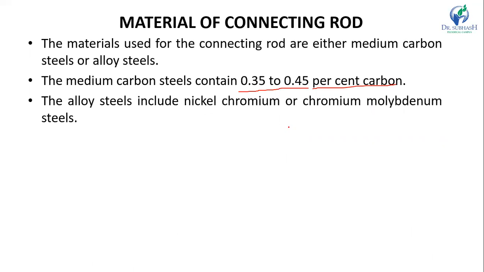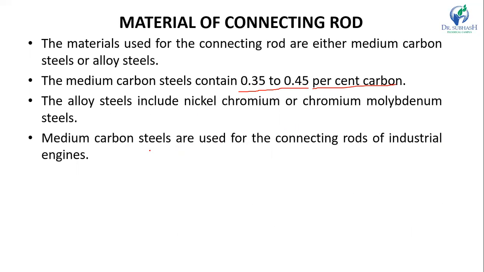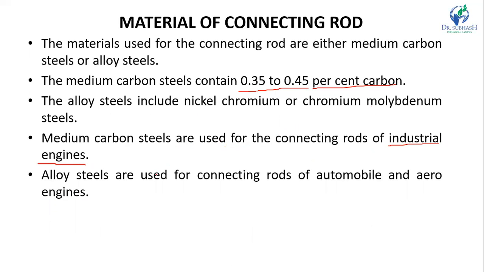Alloy steel includes nickel chromium or chromium molybdenum steel. Medium carbon steel is used for the connecting rods of industrial engines, and alloy steels are used for connecting rods of automobile and aero engines.